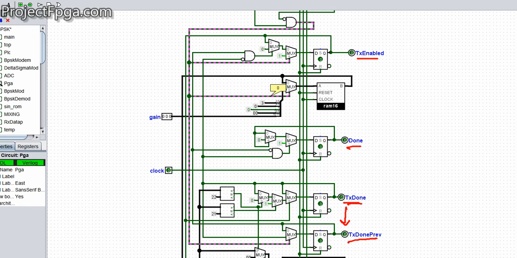So that's why they call it TX done prev. It takes the TX done, the previous, which is now this one, and brings it down here. So they are basically the same bits, but in different clock cycles. It first comes here, then next clock cycle it goes here.